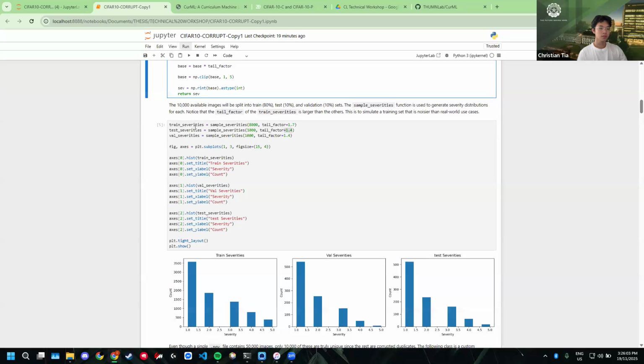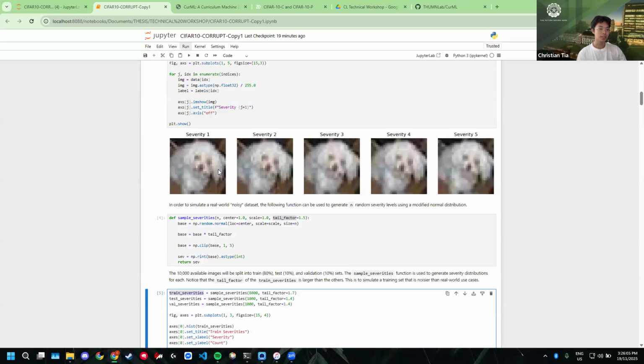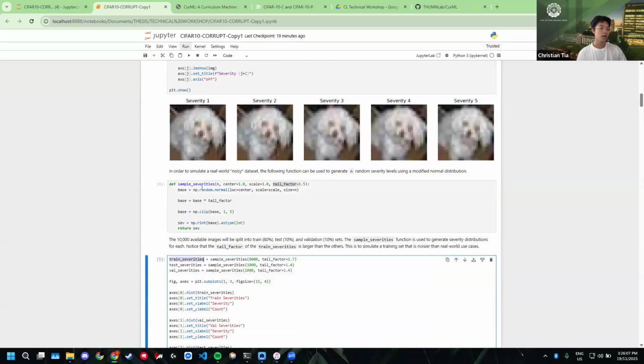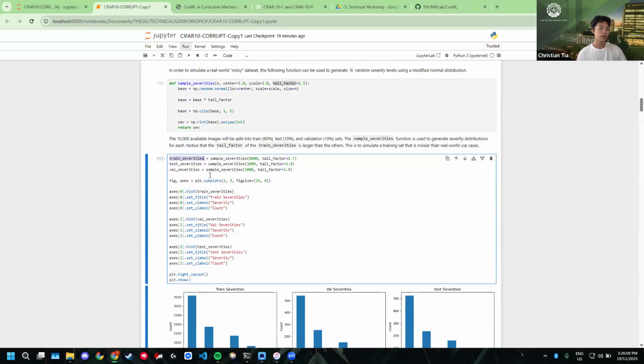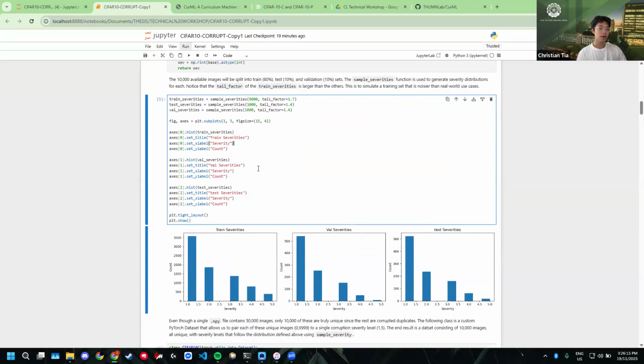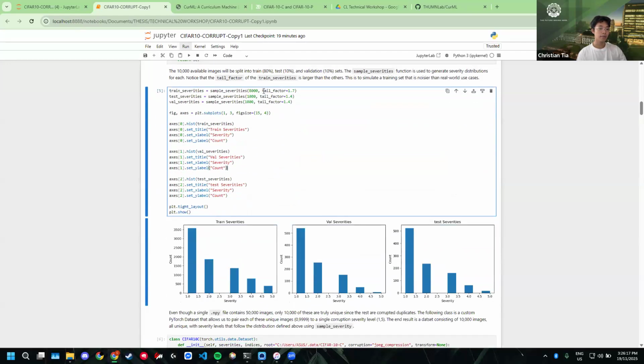Since there are 10,000 unique images here, we'll be using a split of 80%, 10%, and 10% for our train, test, and val sets. I made the tail factor for the train severities greater, so the tails of this distribution are heavier, indicating that the train distribution is noisier than that of the real world use case.